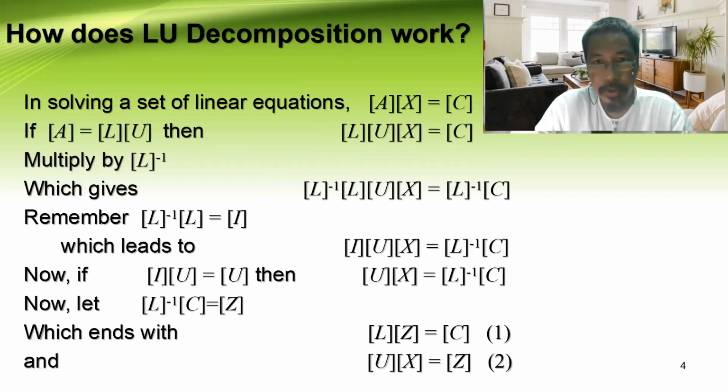How does LU decomposition work in solving a set of linear equations? We have the following format: the square matrix A multiplied by vector variable X equals constant vector C. If the square matrix A is equal to the product of square matrices L and U, then we substitute the value of A by L and U, which is equal to A, really.